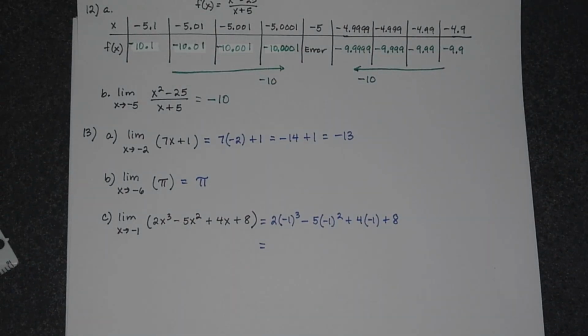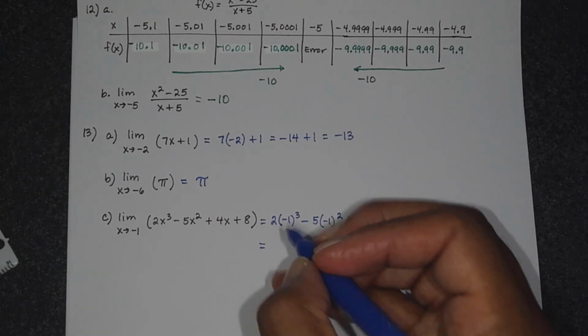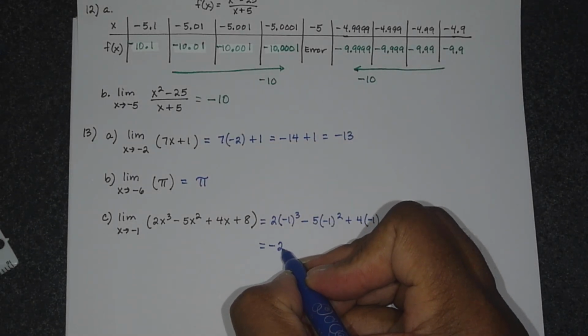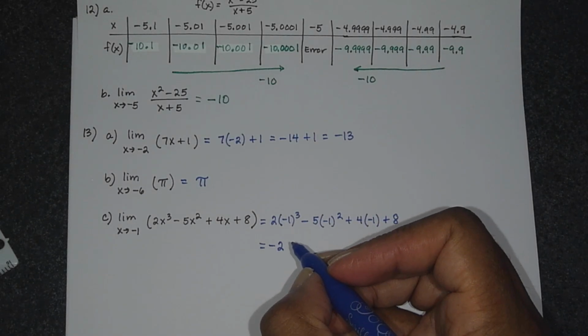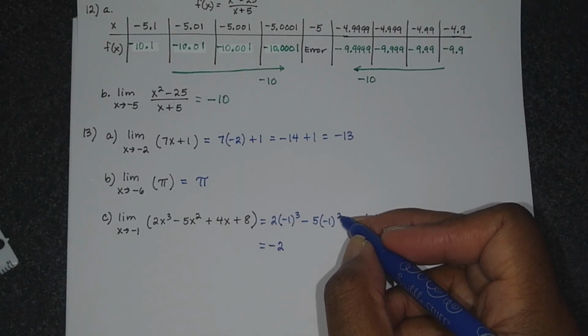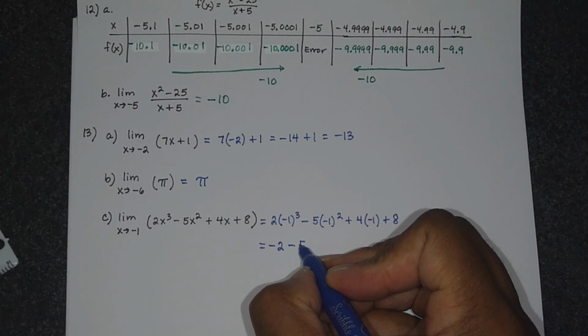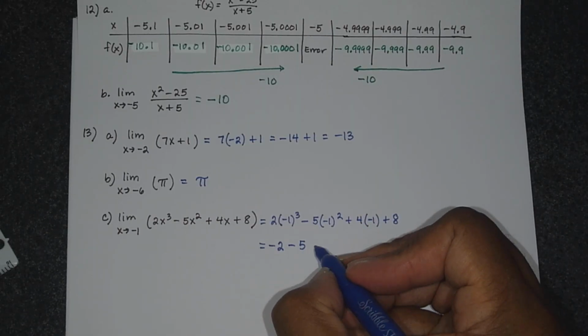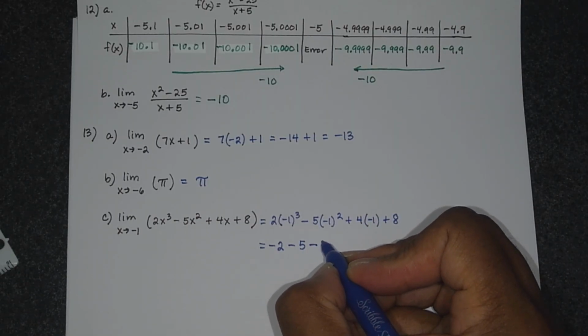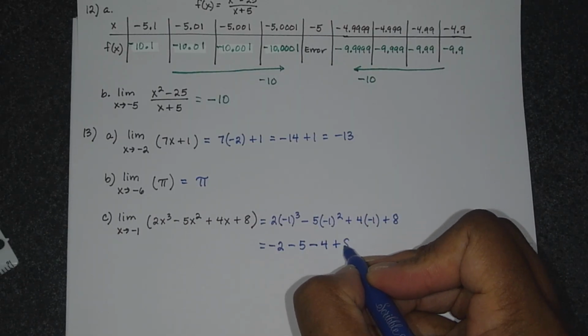So in this case here, if I cube a negative 1, it's going to be what? Negative 1 times the 2 in front would be negative 2. Negative 1 squared would be just 1 times a minus 5 would be a minus 5. 4 times negative 1 would be negative 4, and then plus 8.